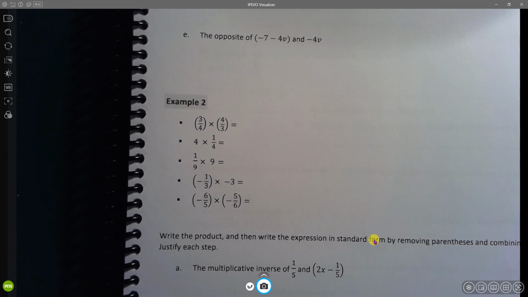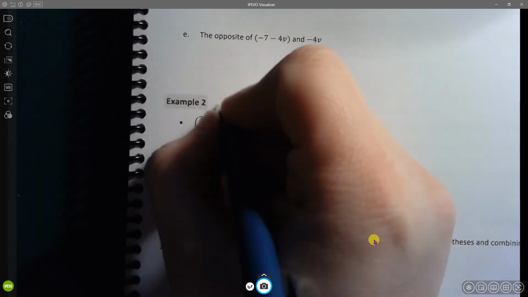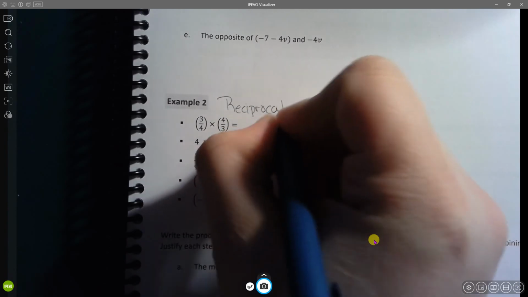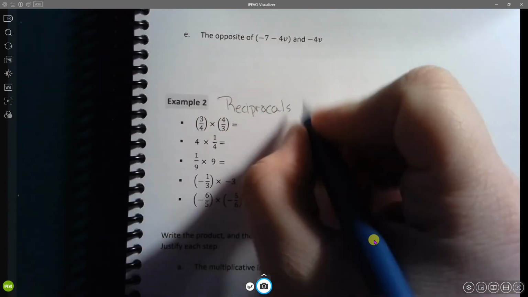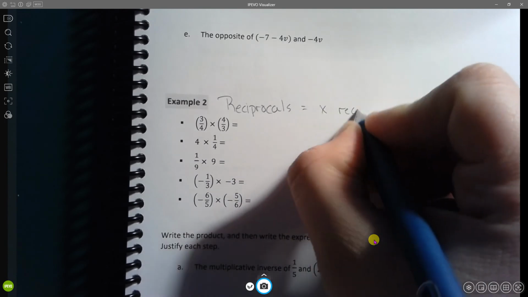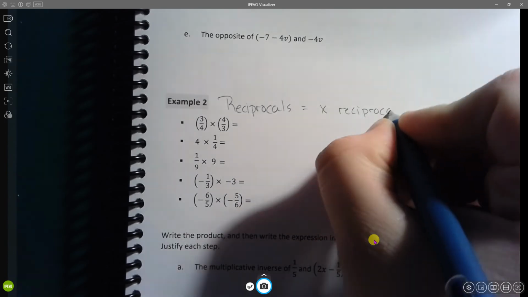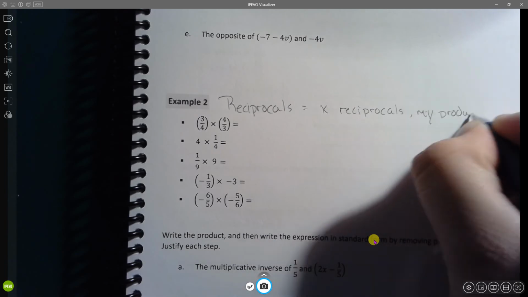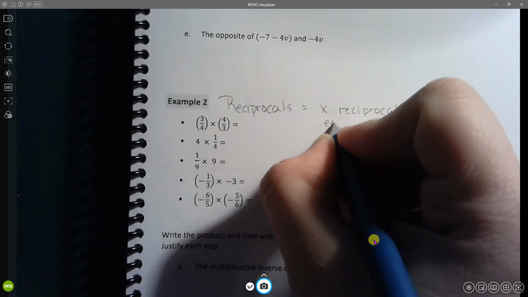All right? We got a lot of fractions here, and a lot of multiplication, but I noticed something very important about this set of rules, that these numbers look to be like reciprocals. And if I'm true, when I multiply reciprocals, my product equals 1.